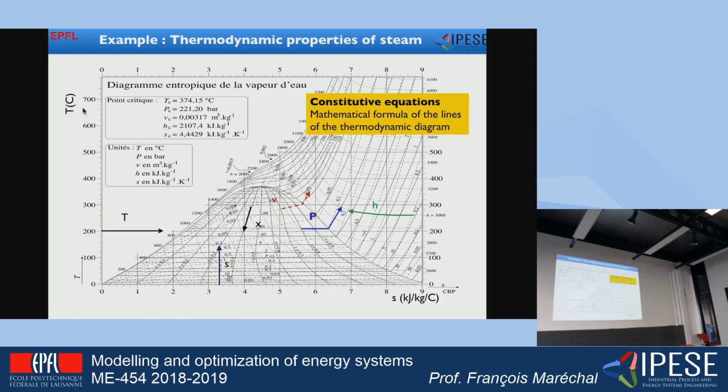Some people have made experiments that allow us to know that at a given pressure, I follow this line here, so I'm choosing the pressure, and for a given temperature, let's take this temperature here, I will be able to know the value of the entropy. And by following the isenthalps that are here, I will know the value of the enthalpy.